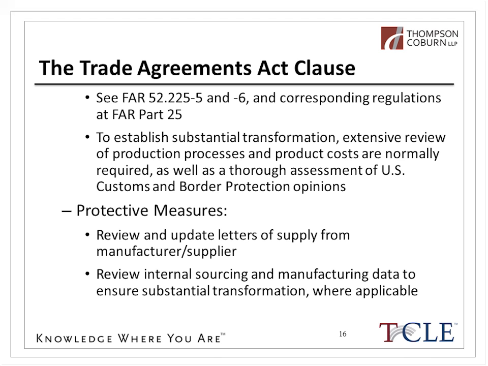Within your agreements with those manufacturers or suppliers, you should have indemnification language that says if there's a Trade Agreements Act violation due to their products or services being manufactured in a non-Trade Agreements Act country or not the United States, they have to indemnify you for any liability resulting from that breach of the Trade Agreements Act. And within a company that does not rely on suppliers or manufacturers, you should review your own internal sourcing and manufacturing data to ensure that if it's not manufactured in the United States, substantial transformation has occurred where applicable.